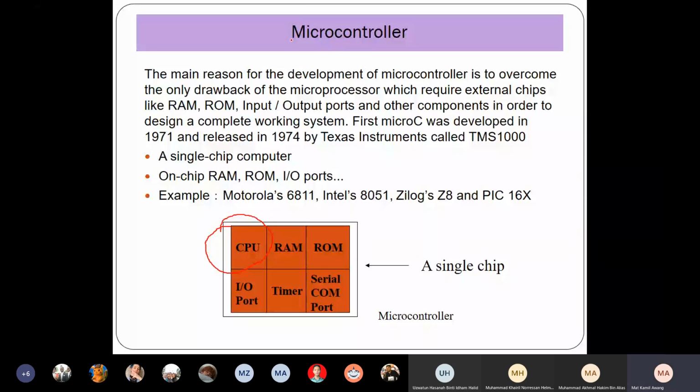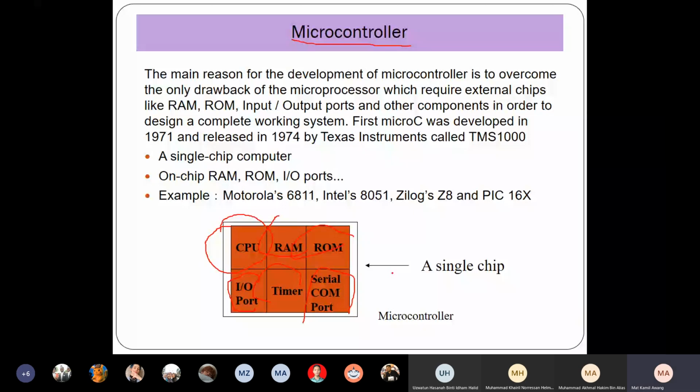For a microcontroller, the CPU, RAM, ROM, I/O ports, timer, and serial communication are all in the same chip, in one single IC. Whereas for a microprocessor, you have the CPU in a separate IC, and RAM, ROM, I/O ports, timer, and serial communication are all separate. So it's not in one single chip. That is for the microprocessor. For the microcontroller, everything is in one. That's the difference.